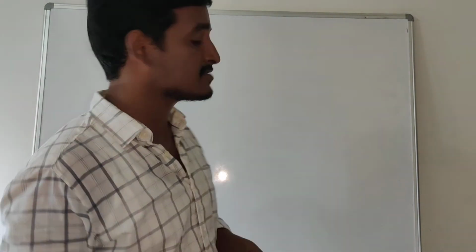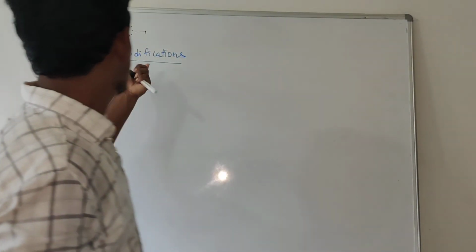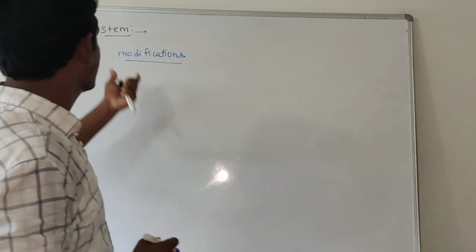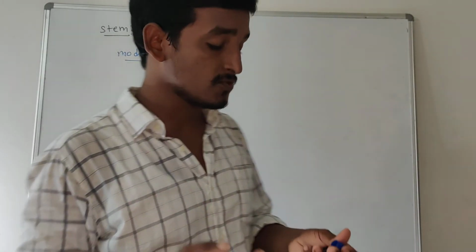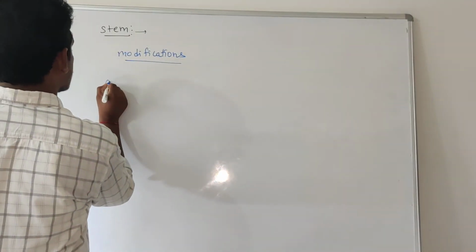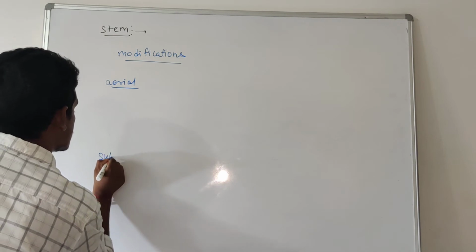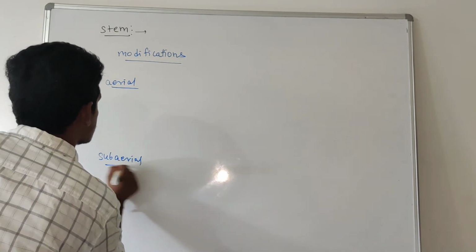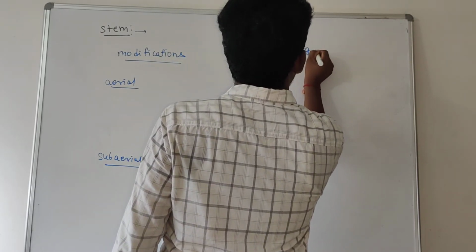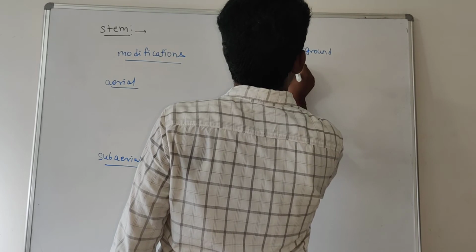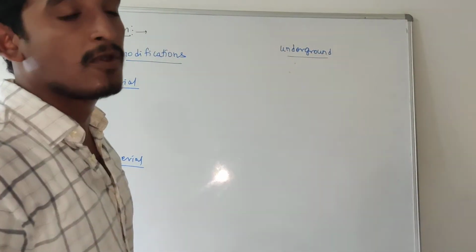Up to now we discussed the normal functions. They want to perform a special function, so that's why modification takes place. Stem modifications are mainly three types: aerial, subaerial, and underground stem modifications.